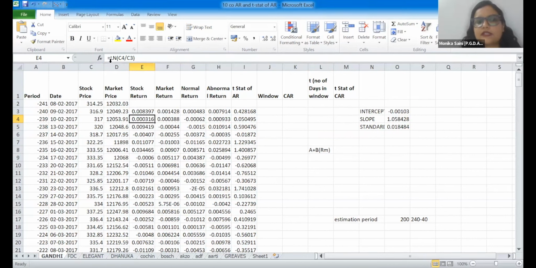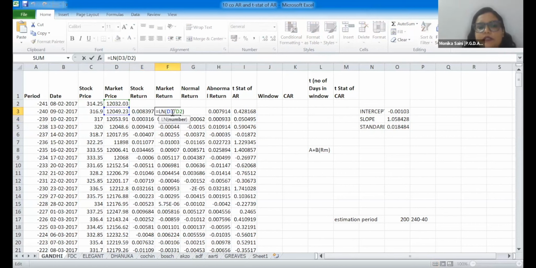So the formula is equals to ln the current price divided by the previous price, P1 divided by P0. So that's how we calculate the stock return. In the similar fashion, we will calculate the market return. Natural log of the market data of the current date divided by the previous date.